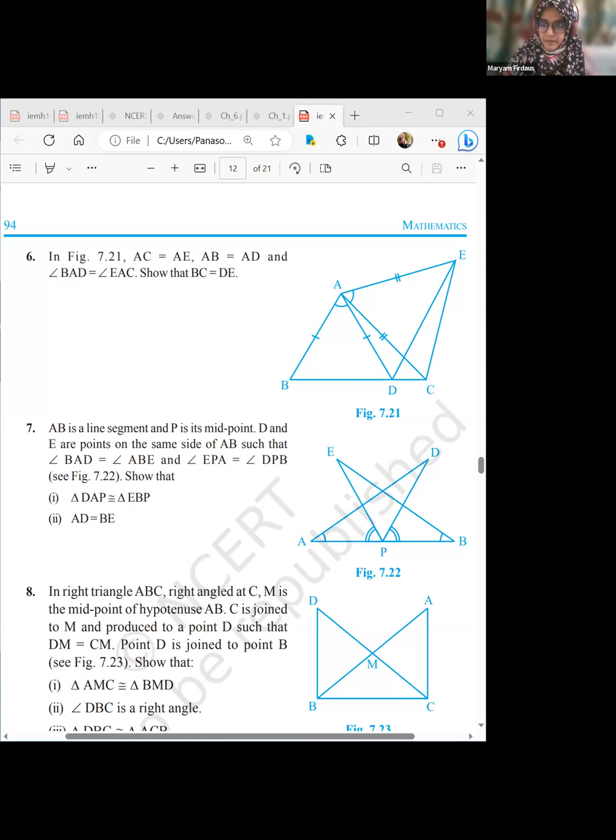So this is another triangle. This is ADE. So triangle ADE is another triangle.